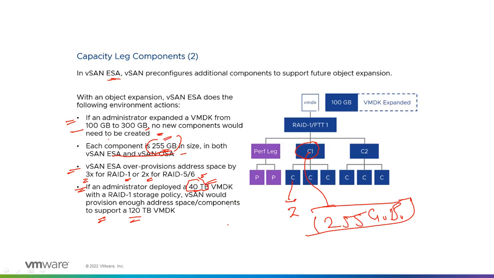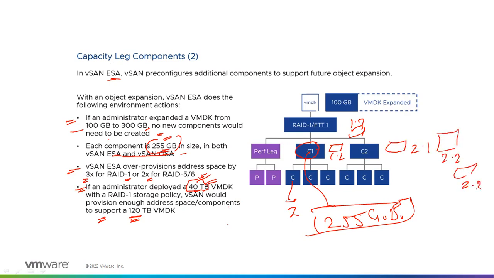That's why it is saying that if I am increasing my disk from 40 to 140 TB, this 40 TB is further split into the rest of the components. So this C1 doesn't need to create additional child components C1.1, 1.2, 1.3, and the same way it doesn't need to create 2.1, 2.2, 2.3, then resync and rebuild again.